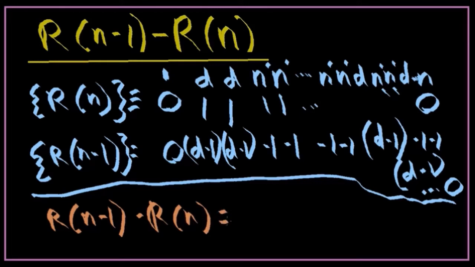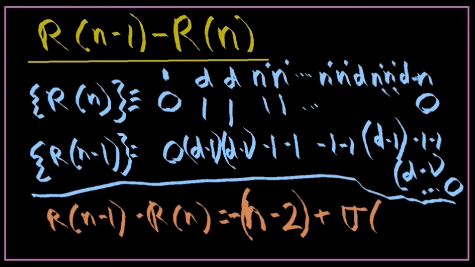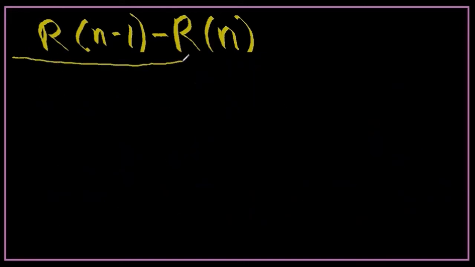And so when we take the difference, because that -1 is actually there in every entry between 1 and n, we then just need to add the aliquot divisors of n to equate this sum. r of n minus 1 minus r of n is equal to negative the quantity n minus 2 plus the aliquot divisor sum.